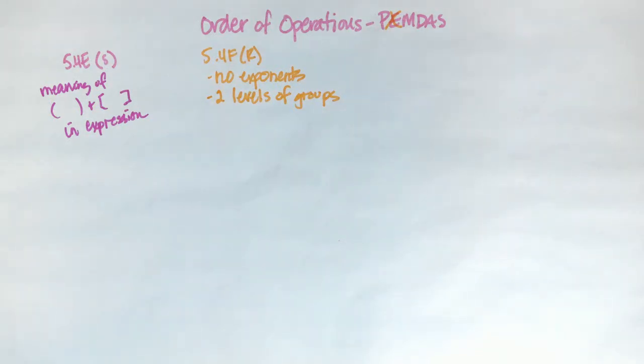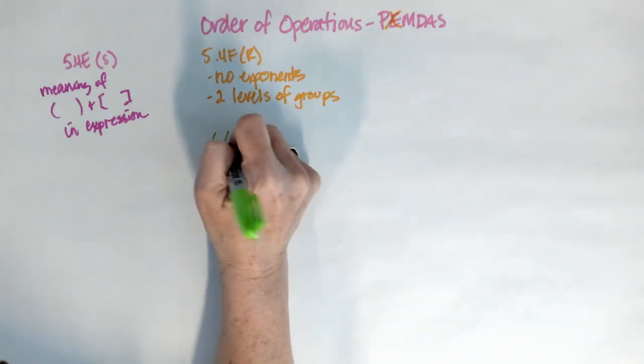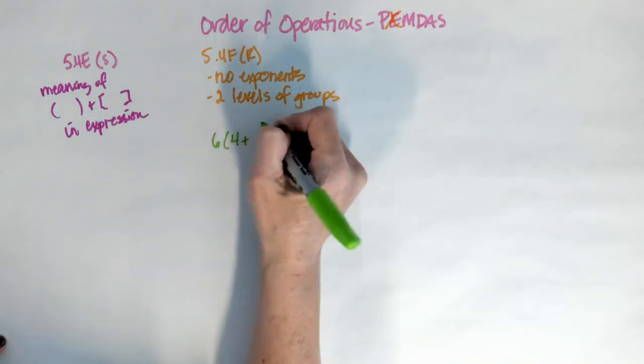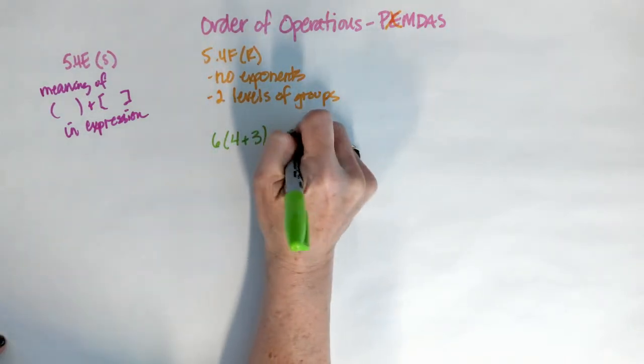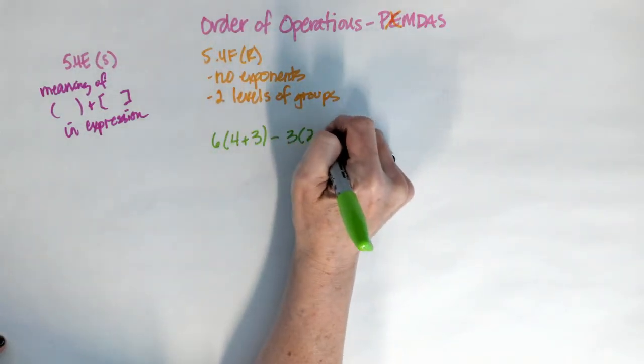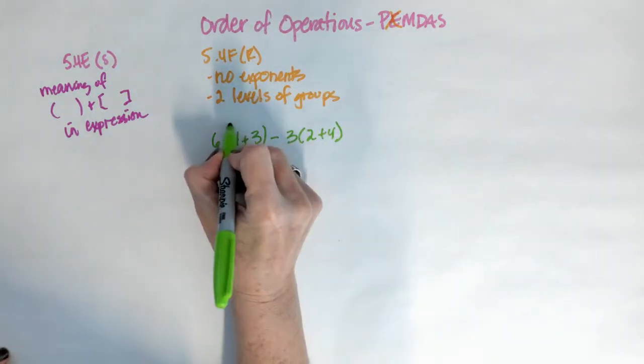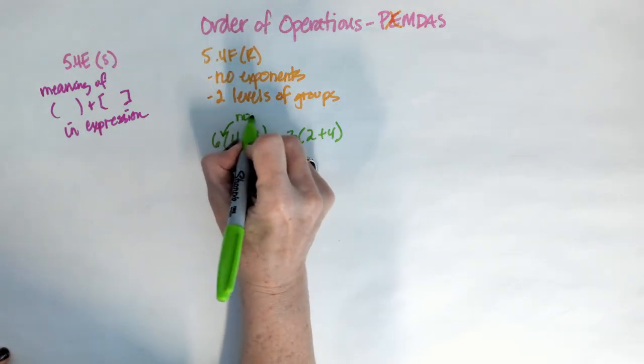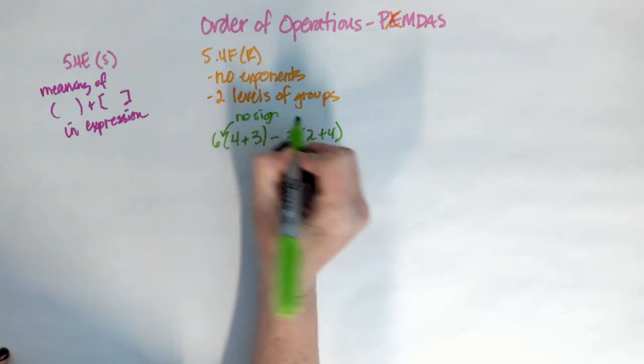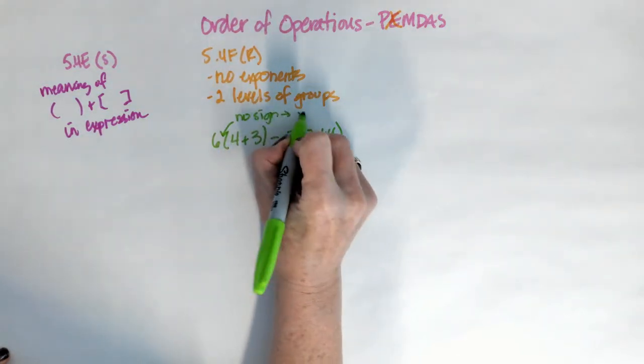So we're going to solve a couple of problems together, and I want to talk about things that are common areas for students to struggle. So if I showed students this problem, the first thing students forget is that when there's a number with no sign right next to the parentheses, it means multiply.